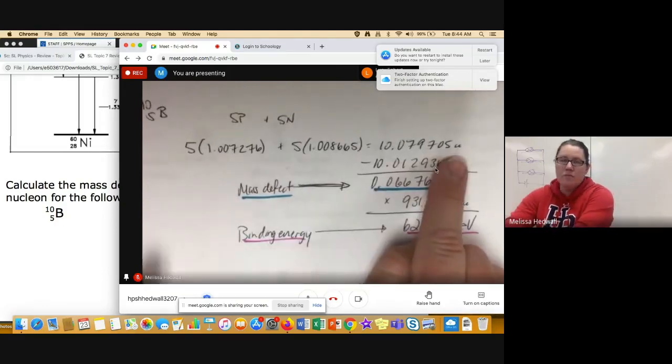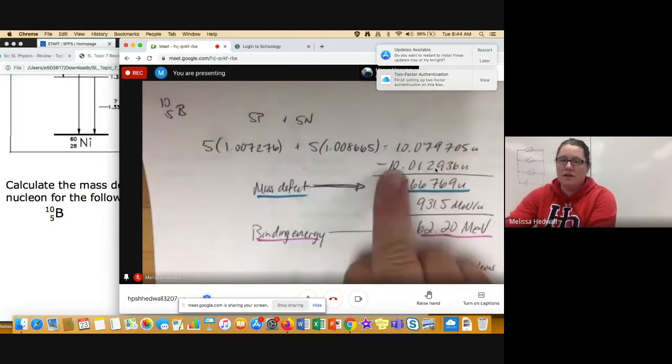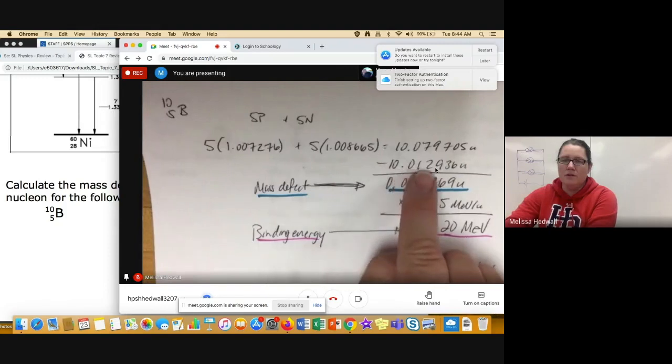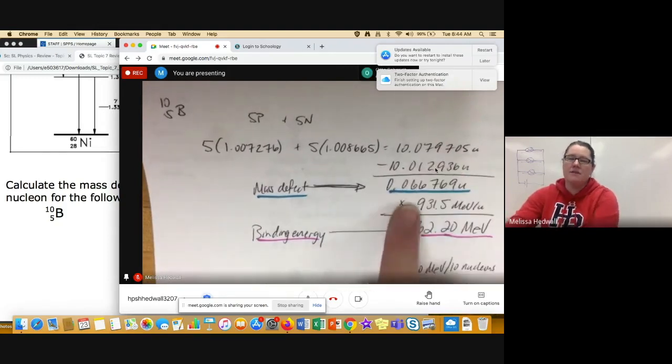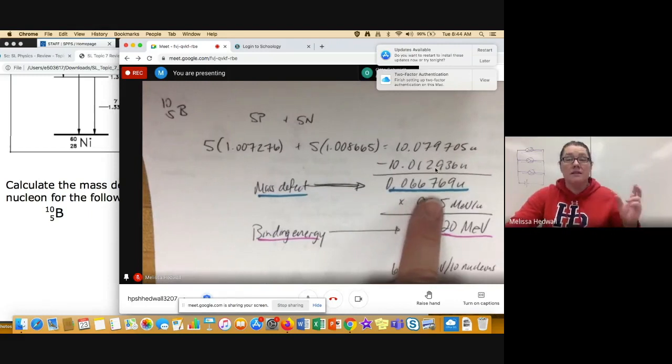The mass of boron 10 is 10.0129936. So we subtract those two, that gives us our mass defect. So when you're taking the mass of the pieces minus the mass of the nucleus, that's where you get your mass defect.